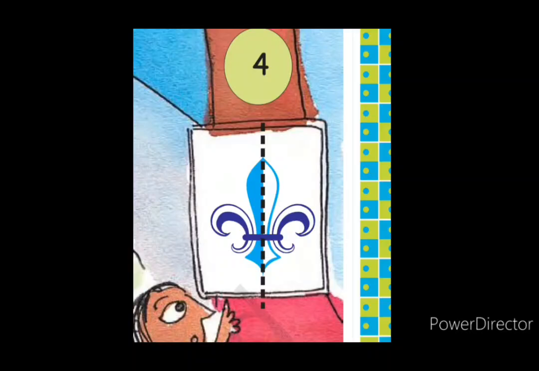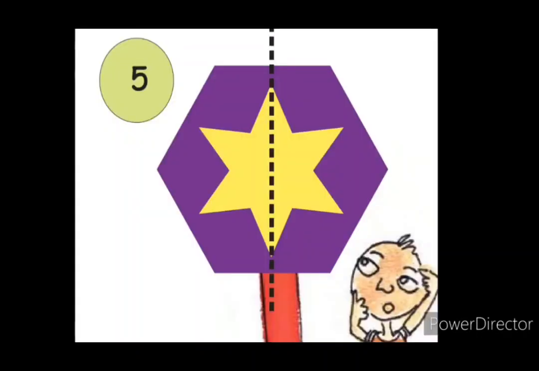And in the fourth figure you can see that the shape is exactly divided by the dotted line. Do not go on the color but on the shape, so it also represents a line of symmetry. In the fifth figure, the star is divided by a dotted line and it also shows here a line of symmetry.